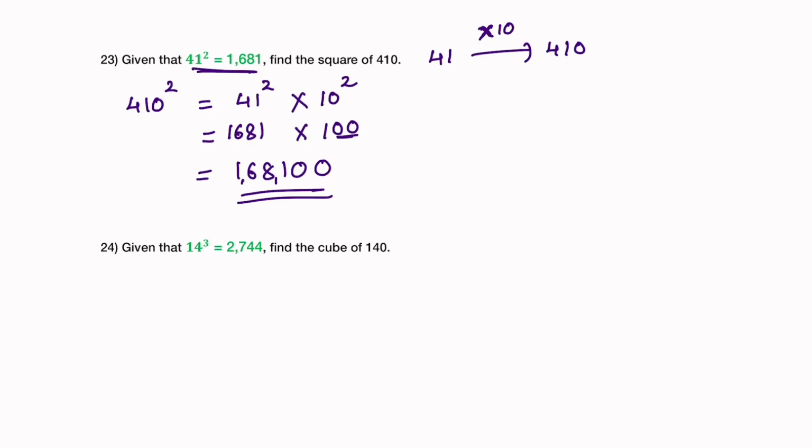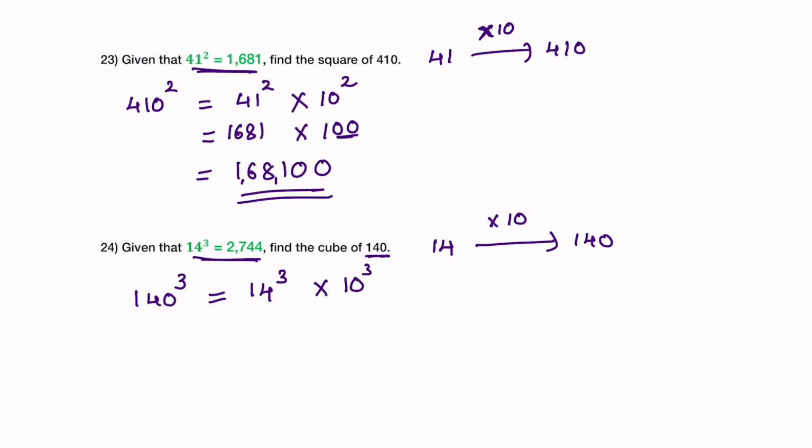Meanwhile, I'll also solve. 14 cube is this. I need 140. So 14 to 140 is again times 10. So 140 cube equals 14 cube times 10 cube.